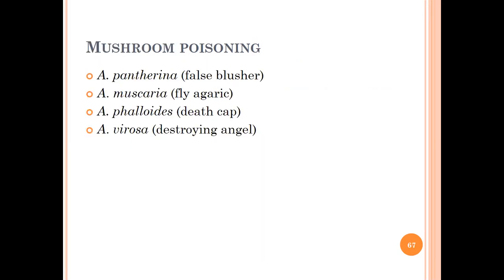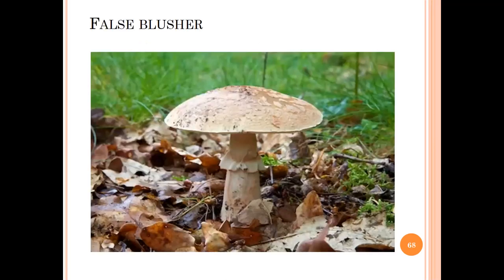And mushrooms. Mushroom poisoning in case of improper collecting of poisonous mushrooms is to be mentioned later. Let me show you some slides. It's a false blusher, fly agaric, deathcap, destroying angel. So we must avoid collecting these mushrooms when collecting mushrooms in the forest in general. False blusher mentioned in the picture.